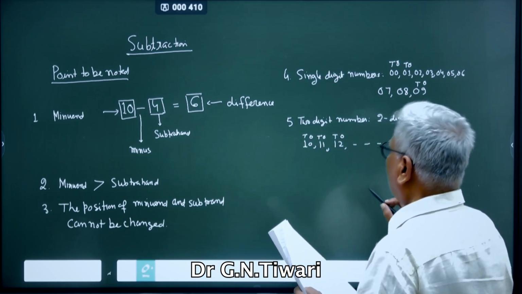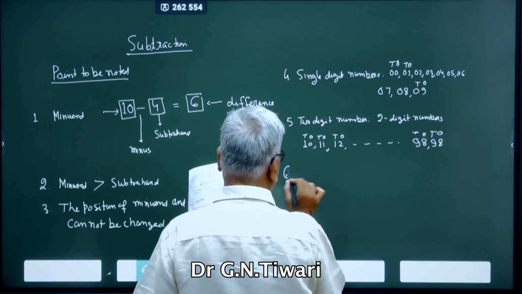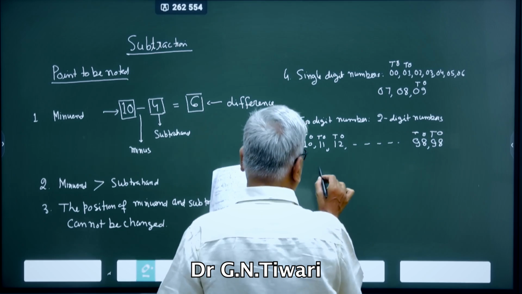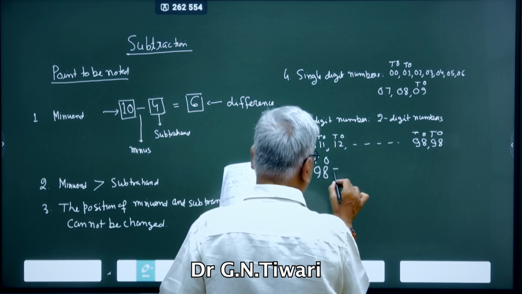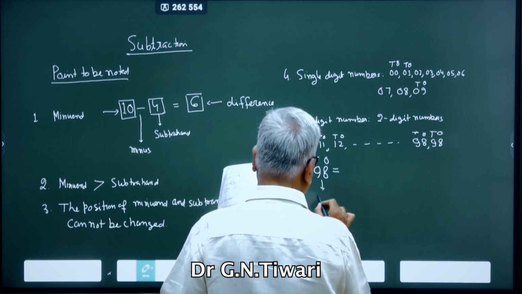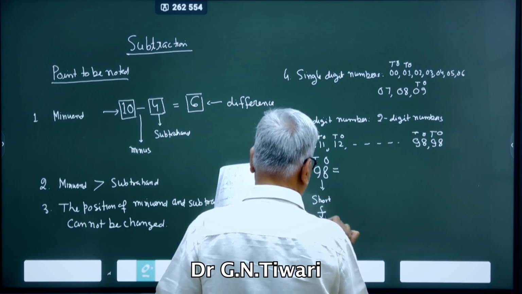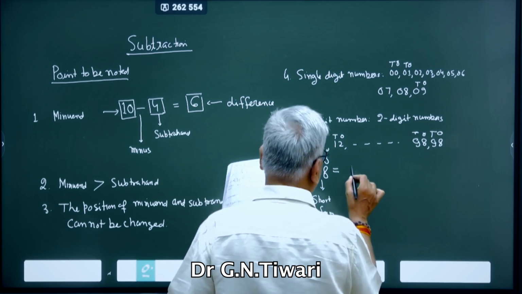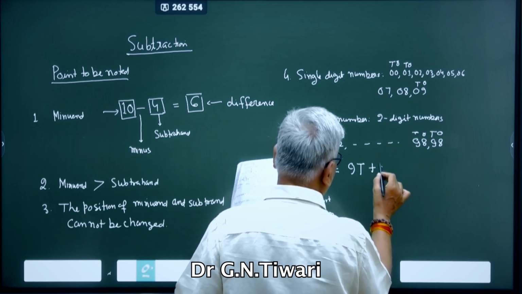Now this is the very simple form. And the 2-digit number, sixth point. For example, 98 is T O. This is the short form. And this is the expanded form, 90 plus 8.